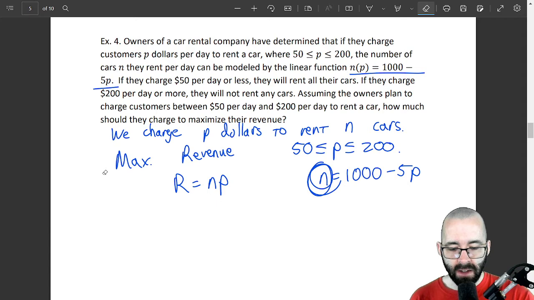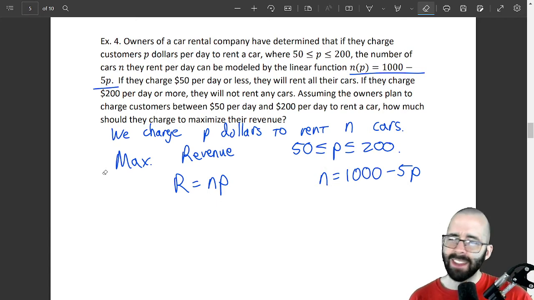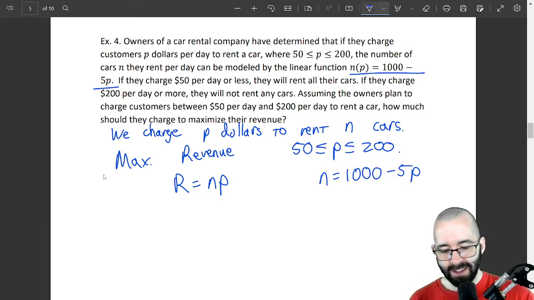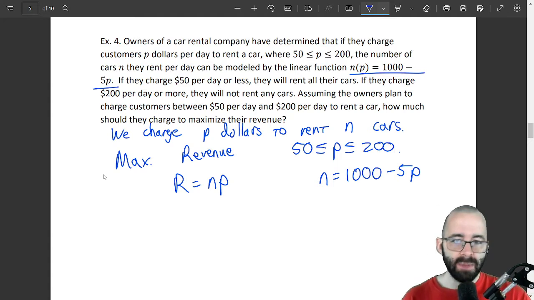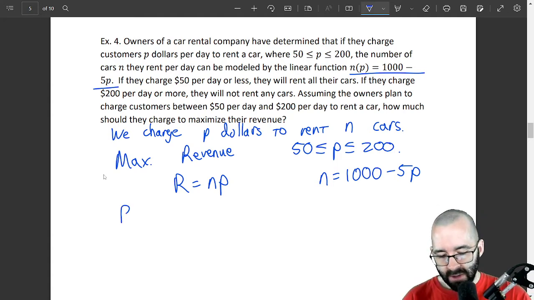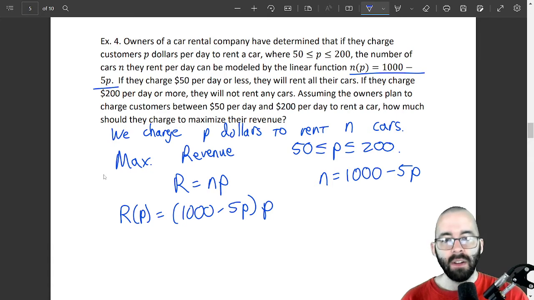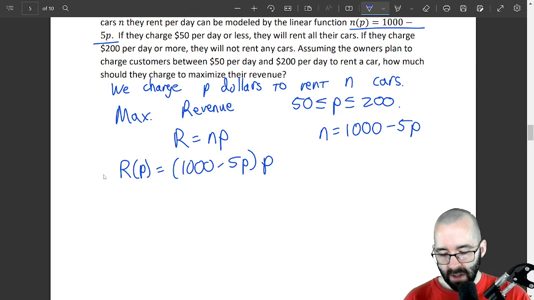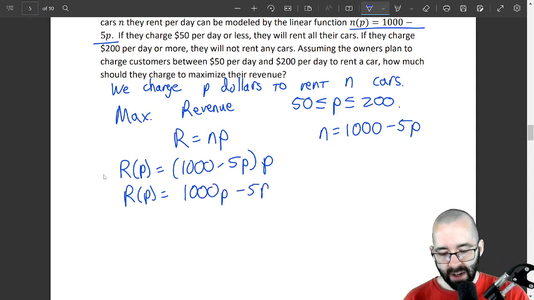And then we're going to substitute out that N. So revenue is now a function of a single variable. N is 1,000 minus 5P, so we replace it, times P. And our revenue function is, again, a function of a single variable, written in function notation as a nice quadratic function.